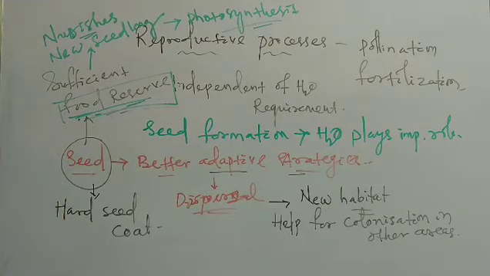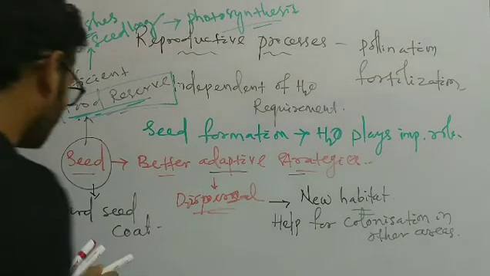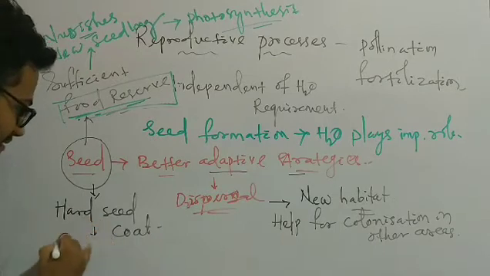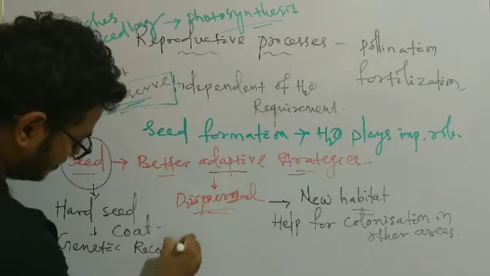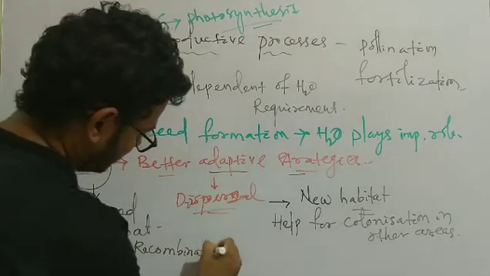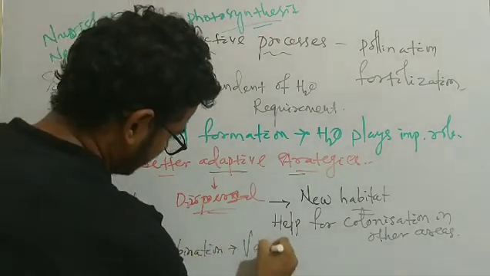So as a product of sexual reproduction, the seeds are genetically different, or genetic recombination occurs in the seed. Genetic recombination of seed leads to variation.